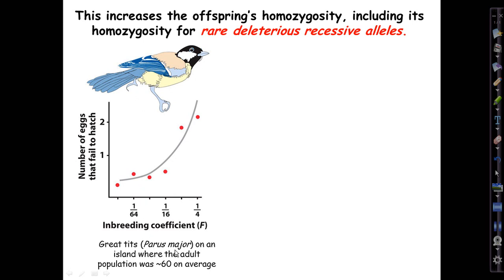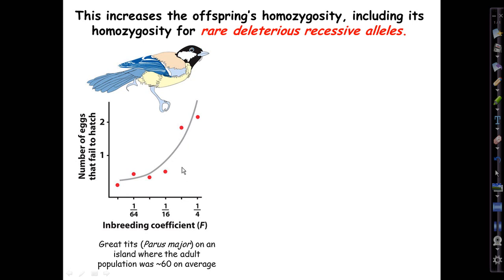Parus major is the species, on an island, I believe in Scandinavia, where the adult population averaged around 60 breeding adults, and researchers had been mist-netting and banding and getting to know these adults by name for a number of years, so they could tell when a nesting pair were half siblings, or actually full siblings, who would create offspring with an inbreeding coefficient of a quarter. Here's the inbreeding coefficient of a half.